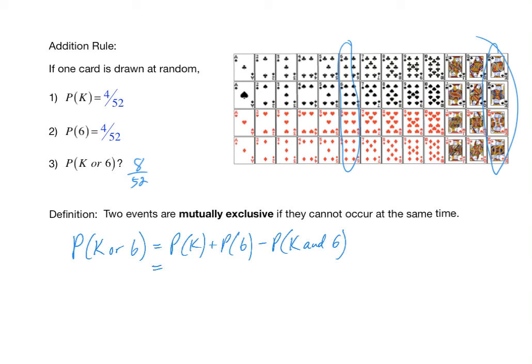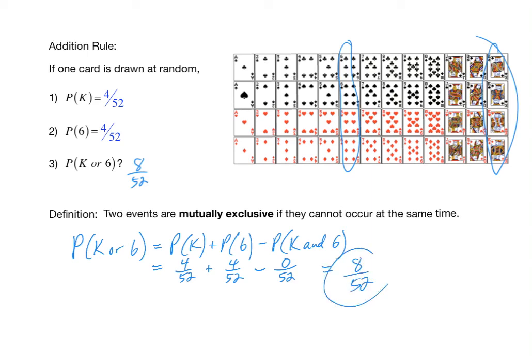So again, the probability of getting a king is 4 out of 52. The probability of getting a 6 is 4 out of 52. Minus, when you're drawing one card, the probability of simultaneously getting a king and a 6 is 0 out of 52 because there is no card that's both a king and a 6. So technically, 4/52 plus 4/52 minus 0/52 is 8/52.